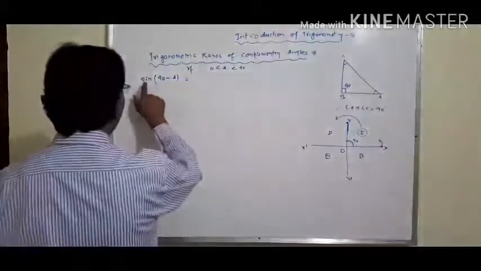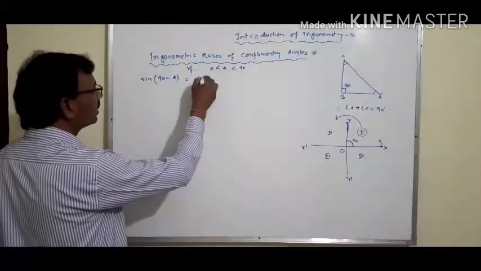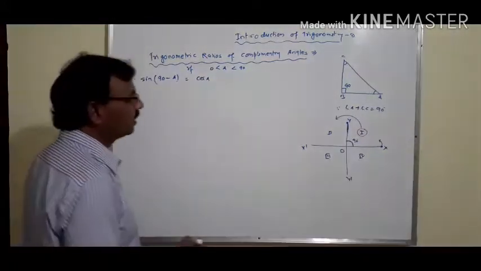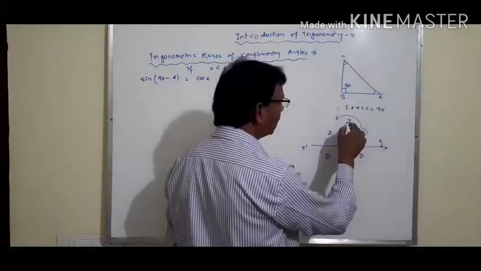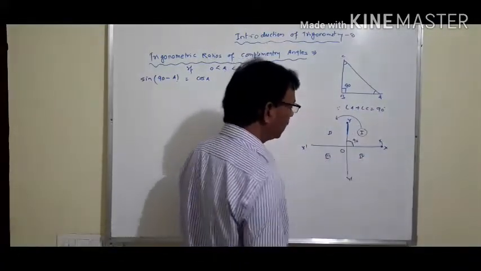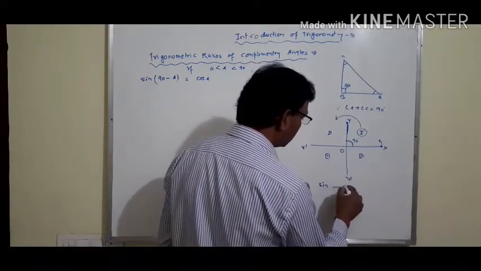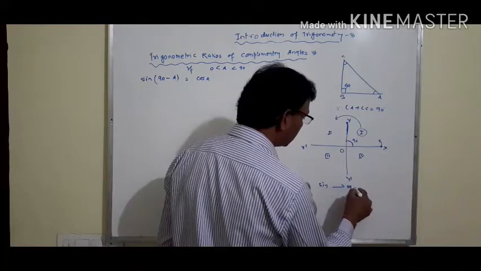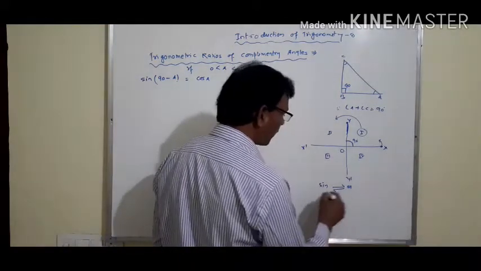So sine of 90 minus A will be equal to cos A. That means this is the position on the y-axis. On the y-axis the function will be changed. How to change? Sine changes into cos and cos changes into sine.